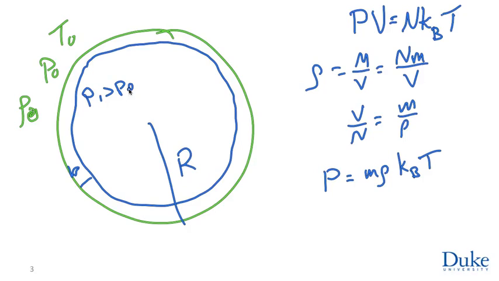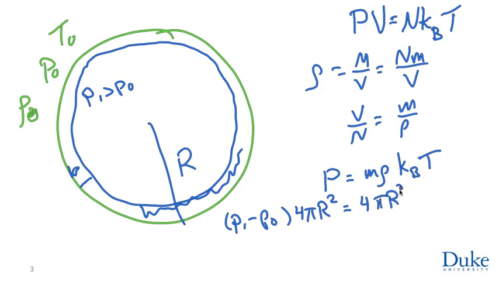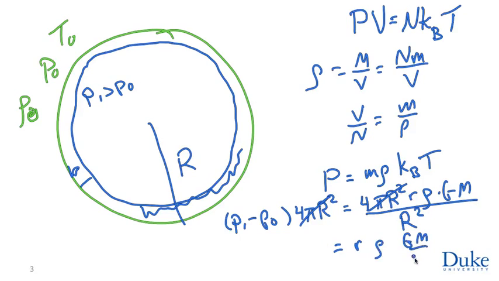So I can write some crazy equation that says P1 minus P0 times the area of the interface between these layers, which is 4 pi r squared, is equal to the mass of the gas in this region, which if I assume that its density is rho 0, that's also 4 pi r squared times little r times rho, that's the mass in there, and then I multiply that by G times the mass inside the radius r, so that's in this case the entire star, divided by r squared, and I can, from here, canceling these factors, find that the pressure change is r times rho times GM over r squared.